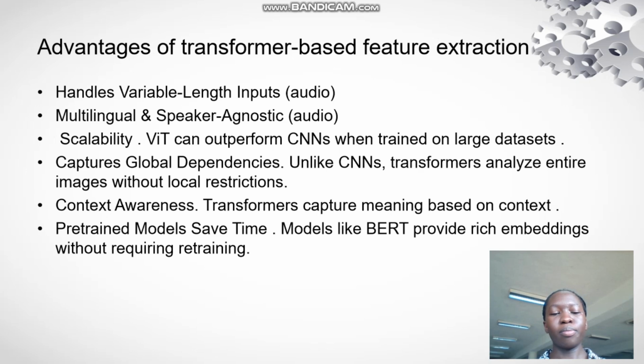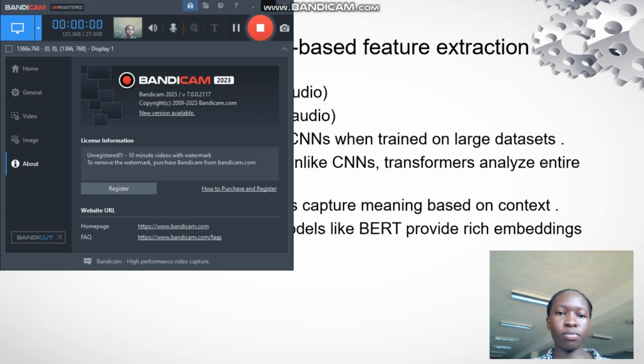And then in the concept of context awareness, they are able to capture the meaning of data based on the context. For example, if you are working with text data and have examples of money in the bank and the river bank, the transformer model is going to be able to analyze that this word bank is used in both cases for different meanings.